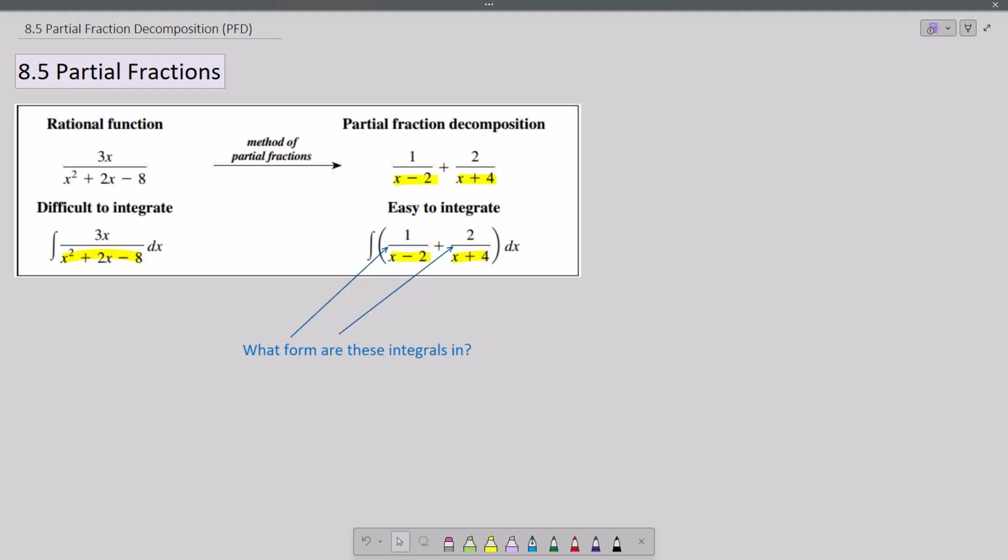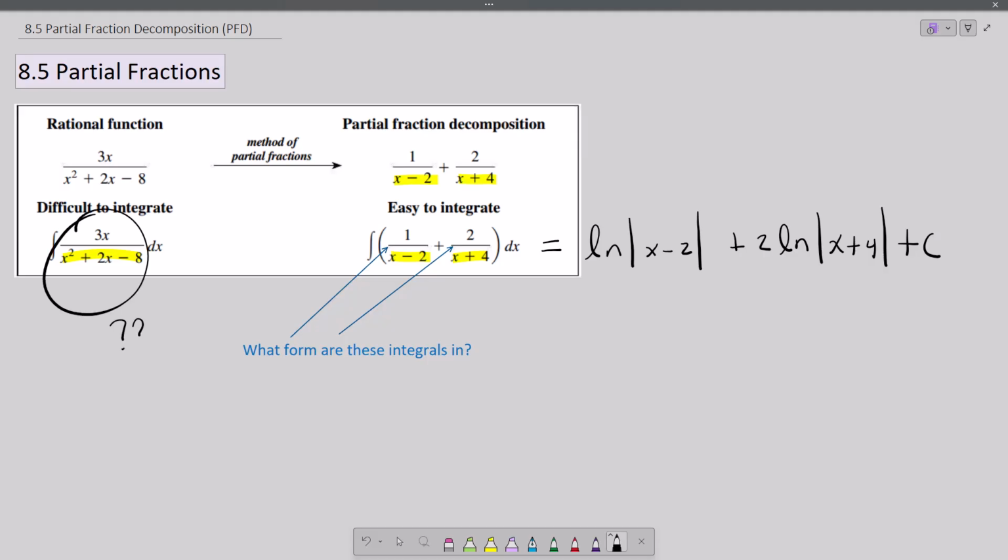That's a really easy integral. This just becomes natural log, because they're both in log form. You're like, oh yeah, we like that. Those are easy to integrate. This is hard. It's like, ugh. Maybe trig sub will work, but maybe not.